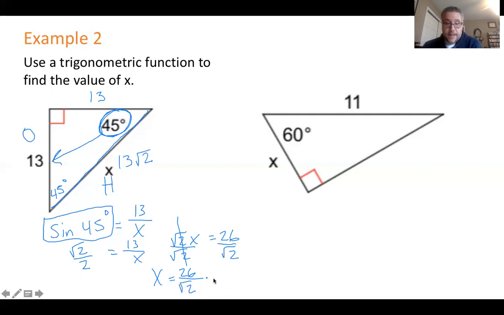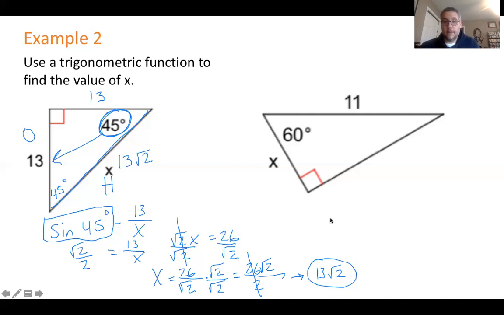So to undo that, you can multiply top and bottom by the square root of 2. So now we have 26 times the square root of 2, which is 26 root 2, over square root of 2 times square root of 2, which is square root of 4, which is just 2. And then you can simplify it one better, because 26 divided by 2 is just 13. So your final answer is 13 root 2.